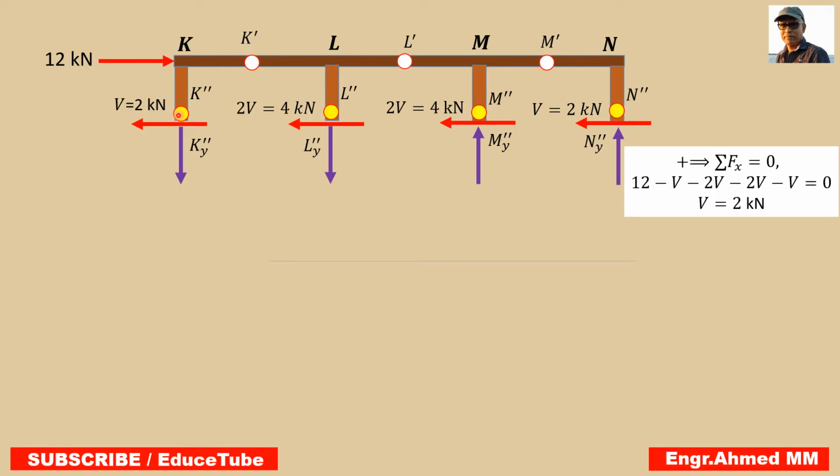So let's take that free body diagram, and once we have done this, we will also take out this one and next this one, then we'll do analysis for these joints, these segments. So there are 4 segments we are taking from this free body diagram. First we are taking K.